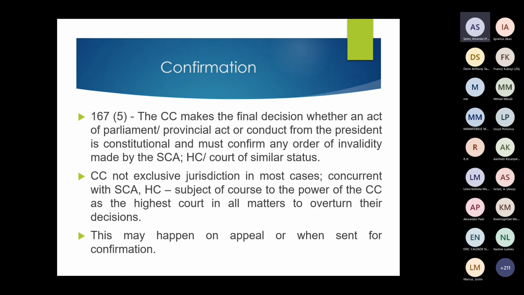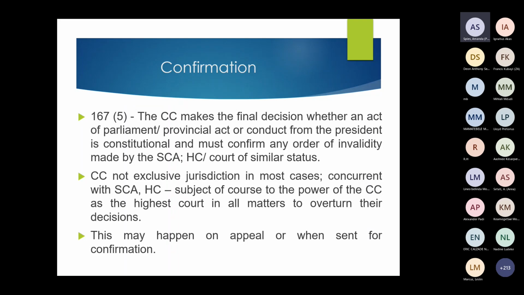Also, something to take account of is Section 167(5) of the Constitution. That's important. The Constitutional Court makes the final decision whether an act of Parliament or provincial act or conduct from the President is constitutional, and must confirm any order of invalidity that was made by the SCA or the High Court or a court of similar status.